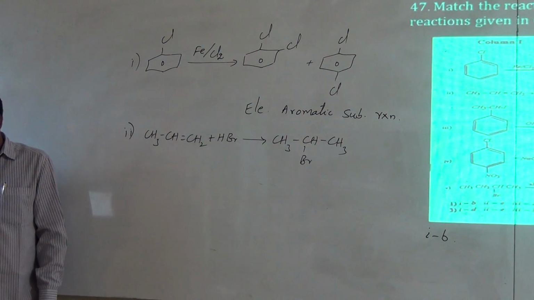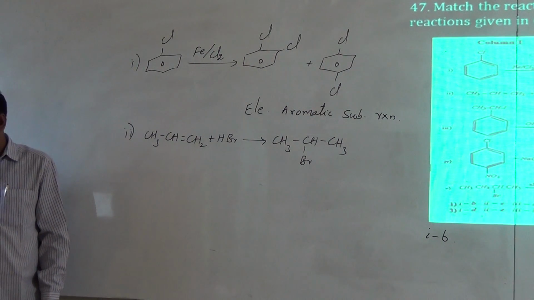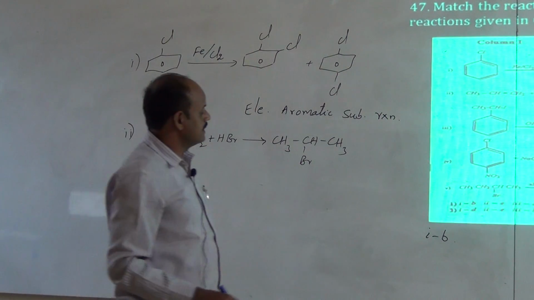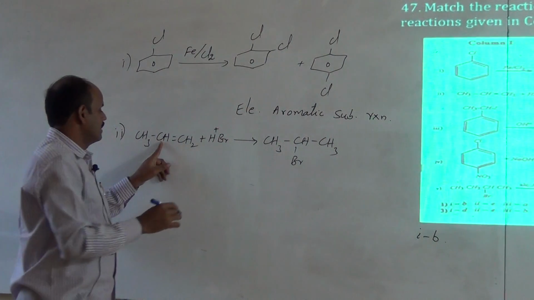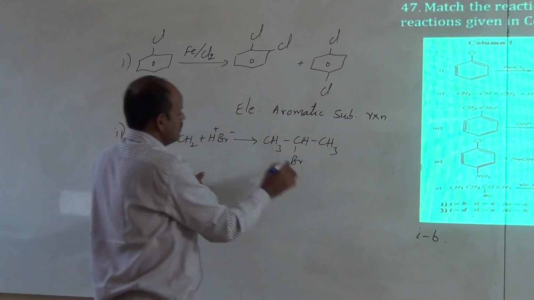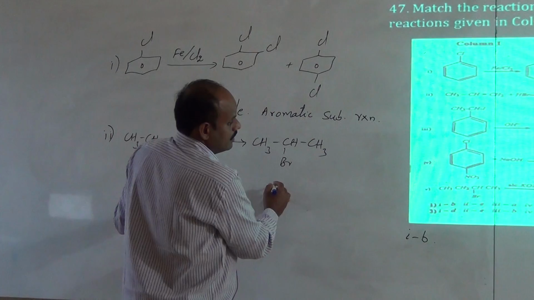And here third one, E, is nucleophilic substitution. Is it nucleophilic substitution? No, it is the electrophilic addition. So here it is the electrophilic addition because the electrophile adds to this carbon, next the negative charge is added to this carbon. Which option?